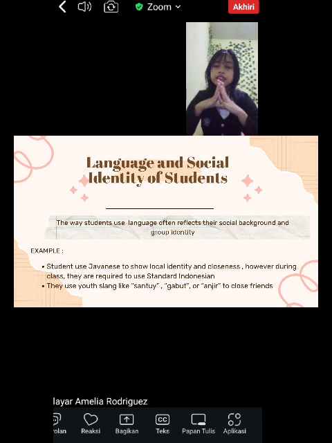Also, students often use youth slang to bond with friends and make them feel like they are part of a group. For example, Gen Z and Millennials have their own code, their own language, their own terms to express that they are part of that generation. This can also reflect how close they are with others.